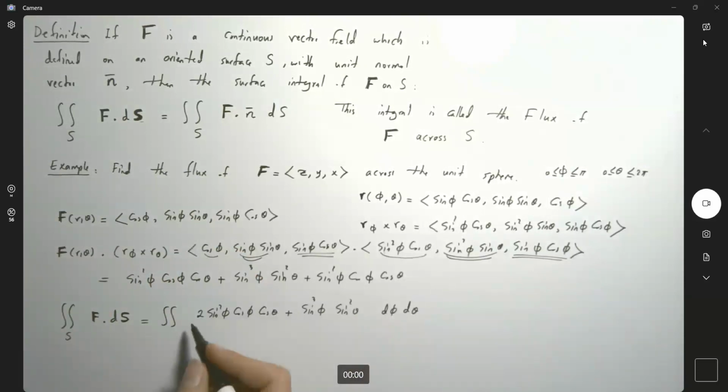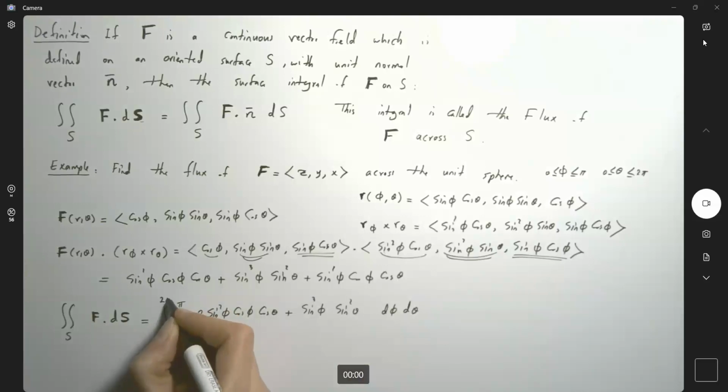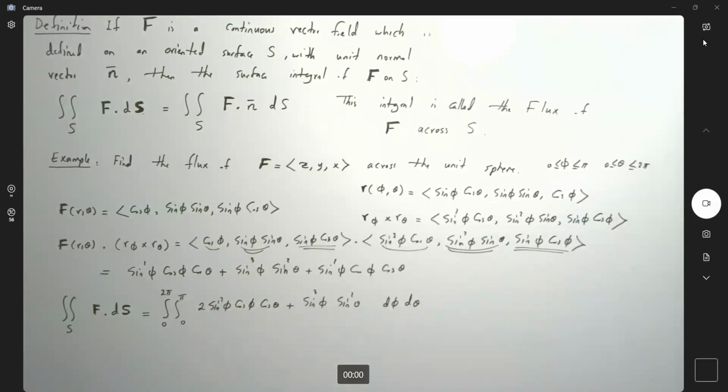The rest is just doing the computation for your integral, 0 to pi and 0 to 2 pi.